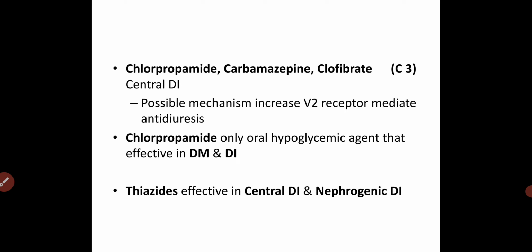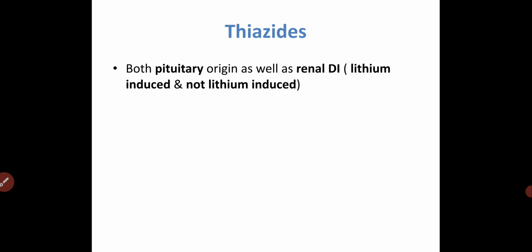So if asked which drug is useful in both types of diabetes insipidus, the answer is thiazide diuretics. Let's see how thiazide diuretics are effective as an antidiuretic, whether in pituitary origin or nephrogenic diabetes insipidus.